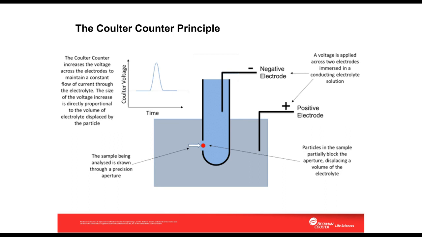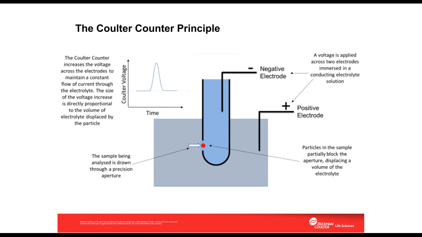A voltage is applied across two electrodes immersed in a conducting solution, such as a buffer solution typically used for protein therapies. The electrodes are separated by a precision aperture. The sample in the test is drawn through the precision aperture between these electrodes, and particles present in the sample will partially block the aperture as they pass through, and they displace a volume of the conducting solution.